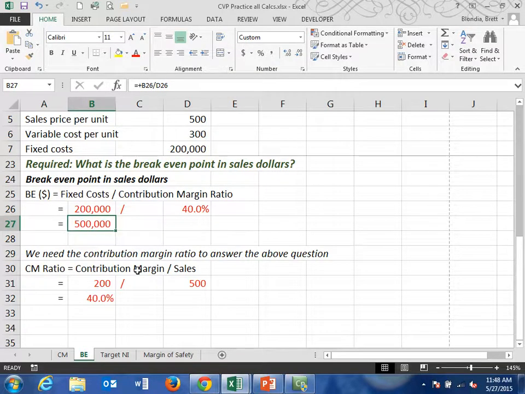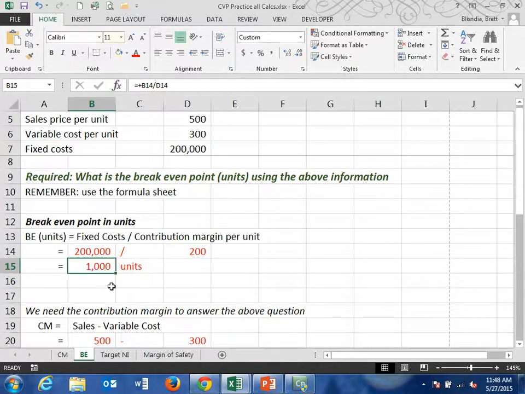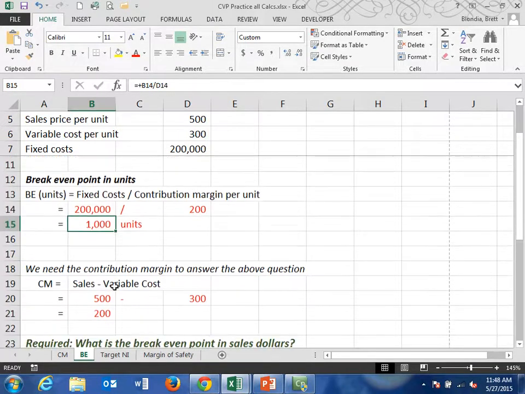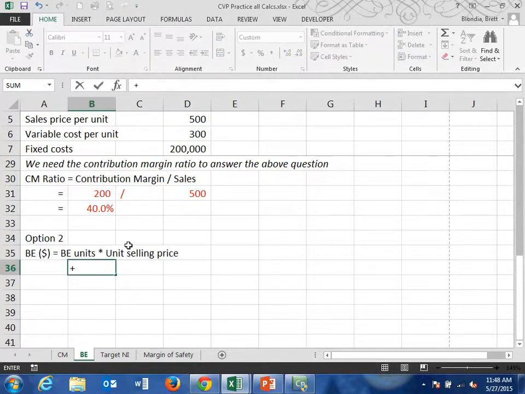Alternatively, if you already know your break-even point in units, and the second part of the question says, hey, what's the break-even point in sales? Option 2 would be to say the break-even point in sales dollars is also effectively equal to the break-even point in units times the unit selling price.